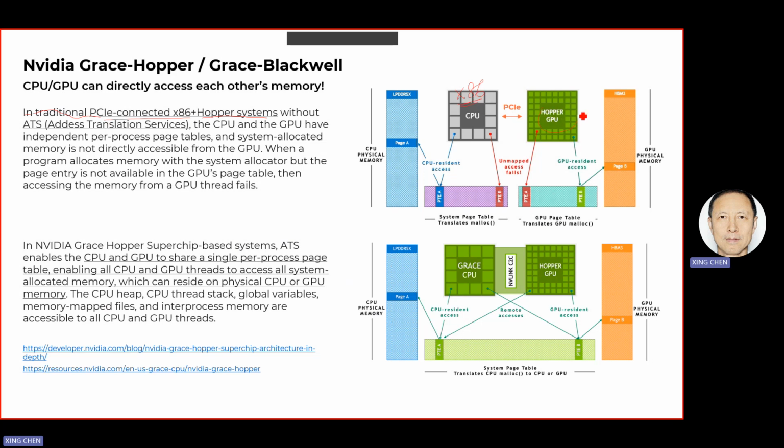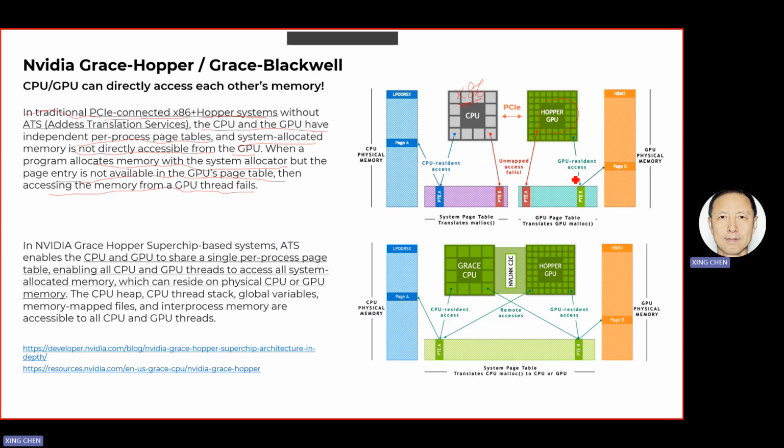If you have your GPU connected to the CPU by PCIe traditionally, and there is no ATS service, that means the CPU and the GPU have independent process page tables, and the system allocated memory is not directly accessible from the GPU. When a program allocates memory with the system allocator, but the page entry is not available in the GPU's page table, then accessing the memory from a GPU thread fails.